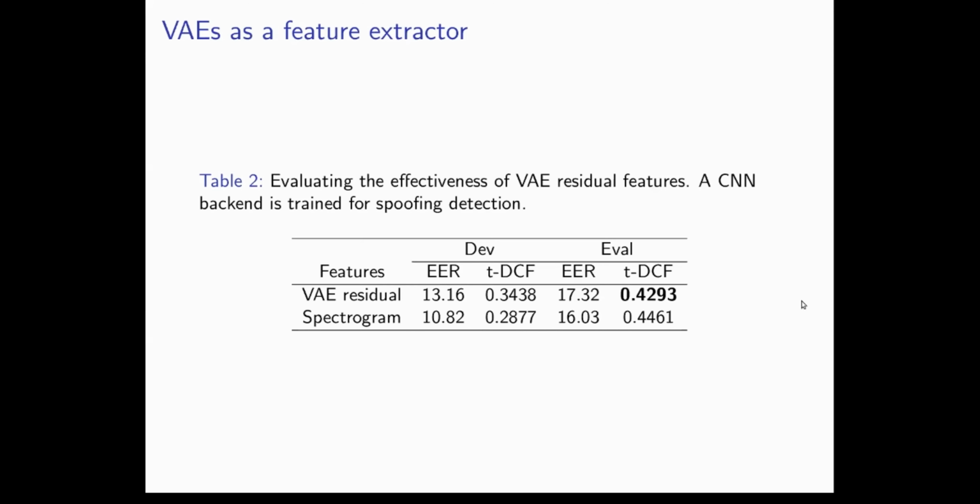On the backend, we trained the same CNN model and just varied the features. We see that using VAE residual features on the evaluation set seemed to give encouraging results, and on the EER also we see comparable performance, which motivates us to investigate this further.